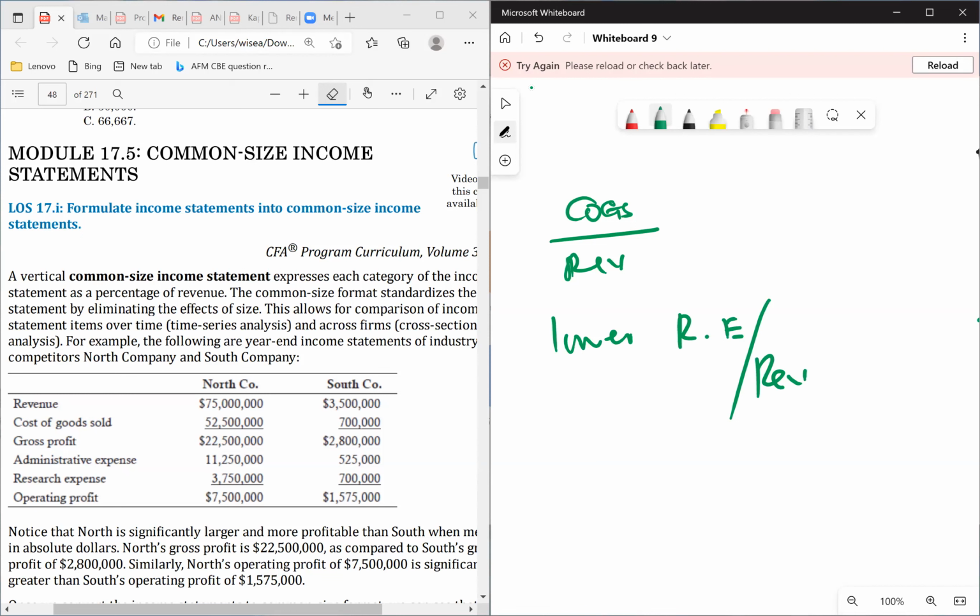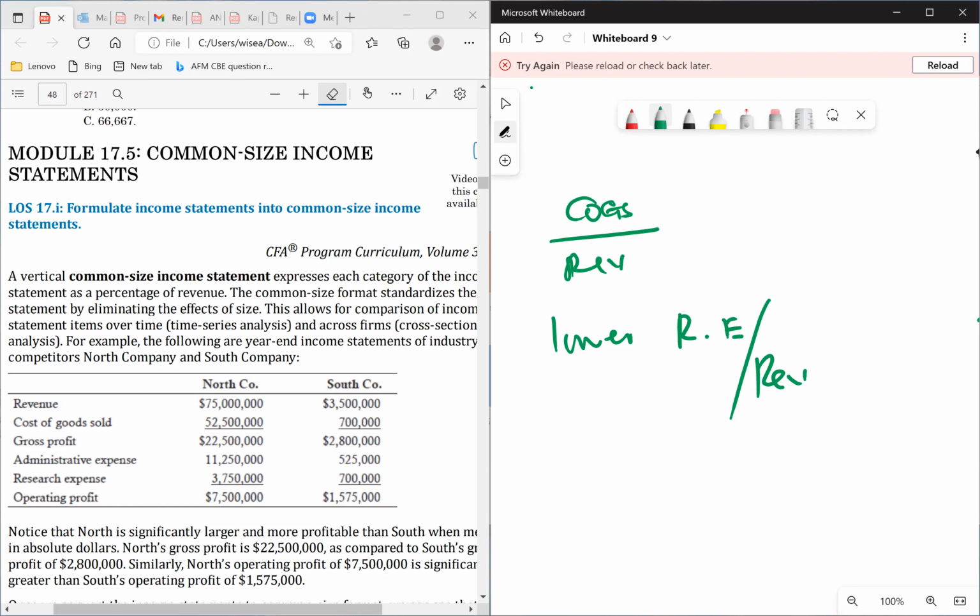And when that happens, it is only a matter of time before you will not be able to control costs or you will not be able to increase your revenue. So in some cases, higher research as a percentage of revenue is desirable because it indicates how much investment is being done in research.